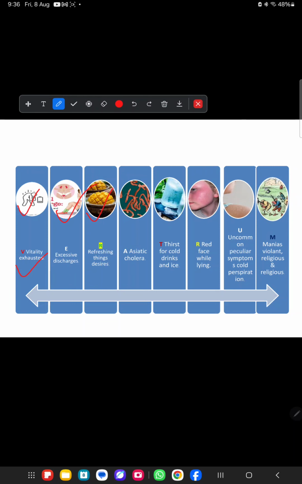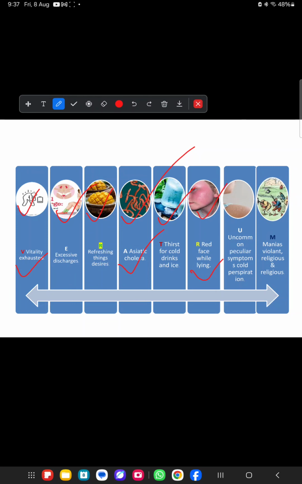Asiatic cholera: you can see Vibrio cholerae in the picture. Thirst for cold drinks and ice: you can see cold and ice in the picture. And T for thirst. R for red face becoming pale on lying down. Why? Because there is hemorrhage, which leads to hypovolemic shock and low blood volume in the body.